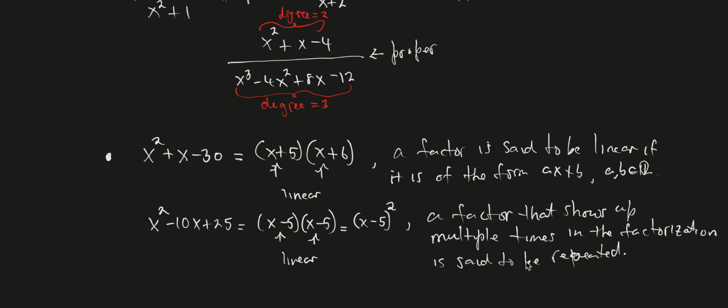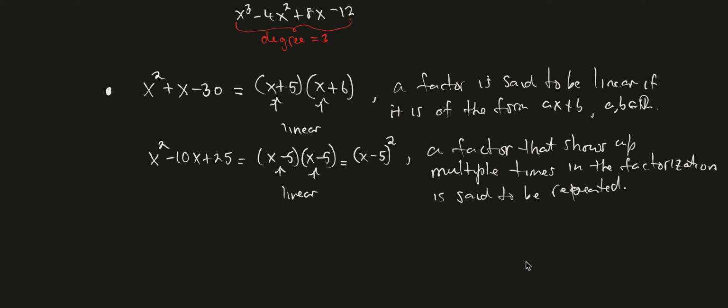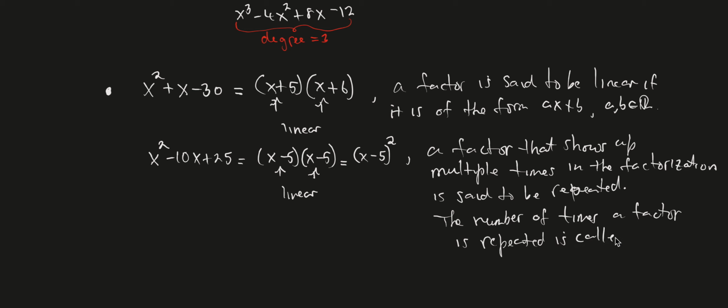The number of times that factor is repeated is called the multiplicity. So the number of times a factor is repeated is called its multiplicity. Like how many of this actual factor is in the factorization, right?